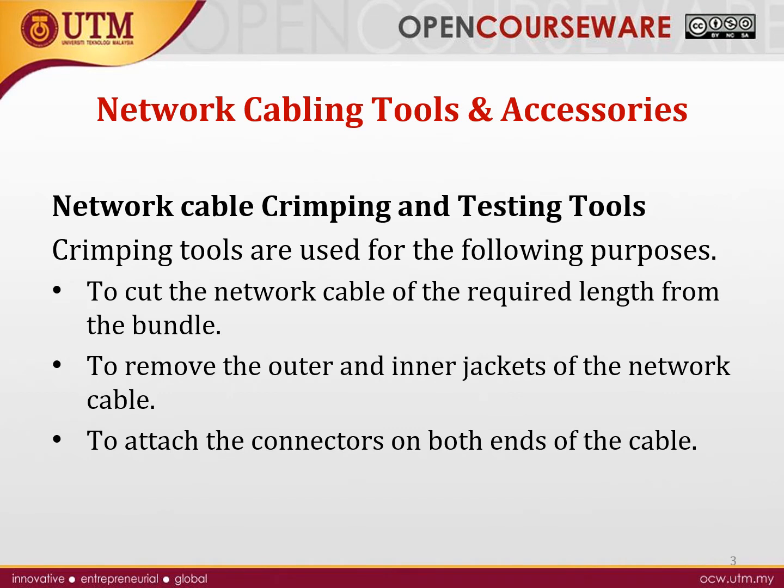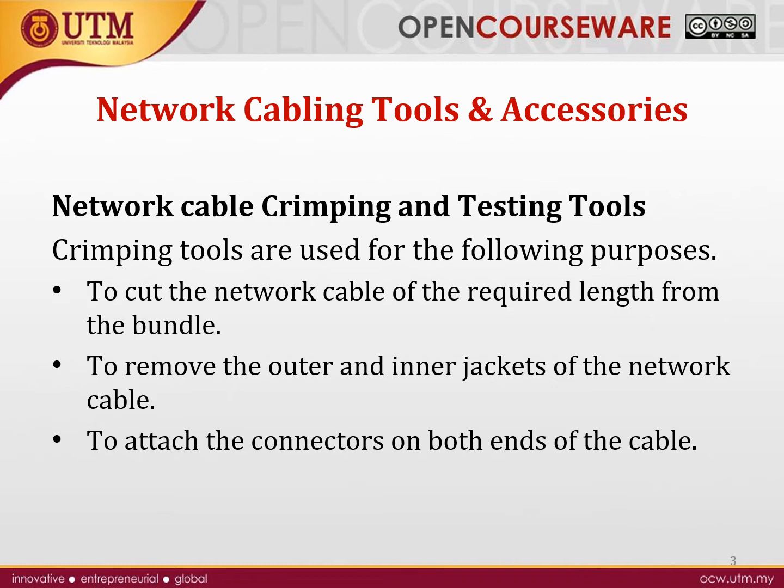So first we have the crimping tools. Crimping tools are used to, for example, cut, remove, and attach any required or unnecessary parts of the cables. So first we cut the network cable of the required length from the bundle, and if you need to cut the cable, then you use the crimping tool.